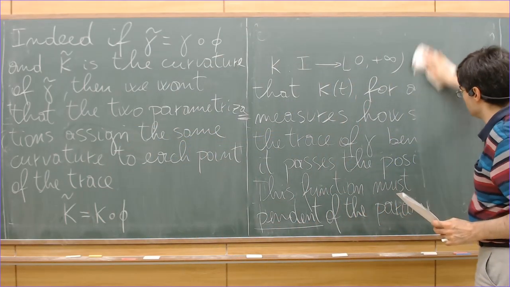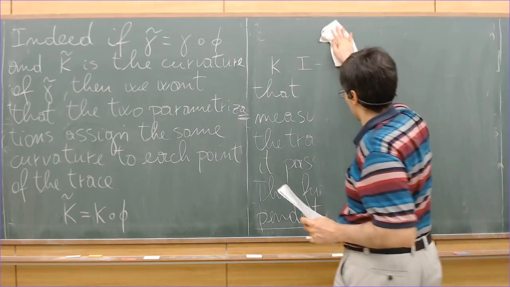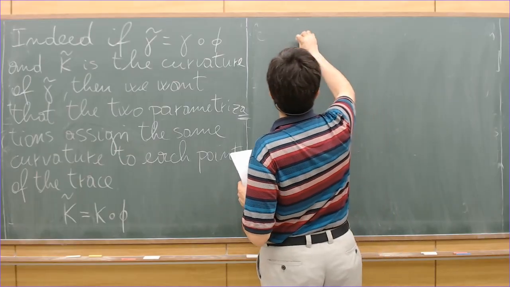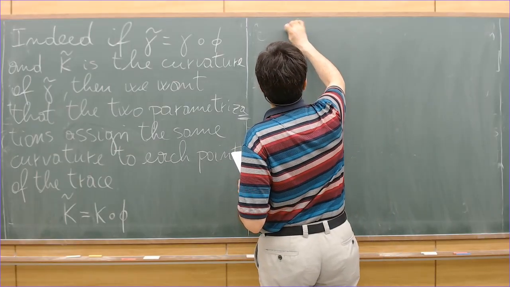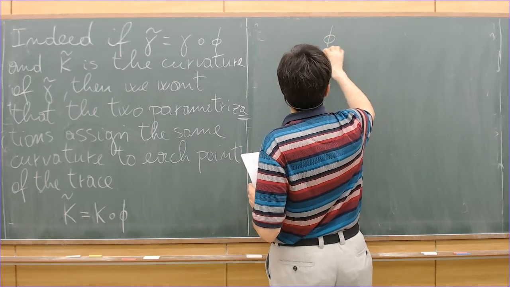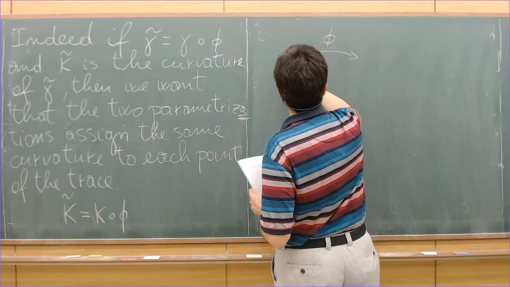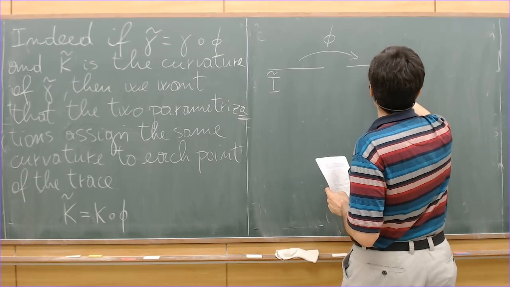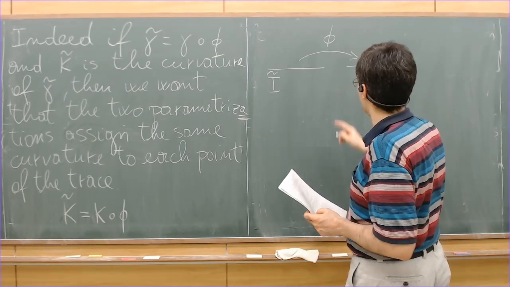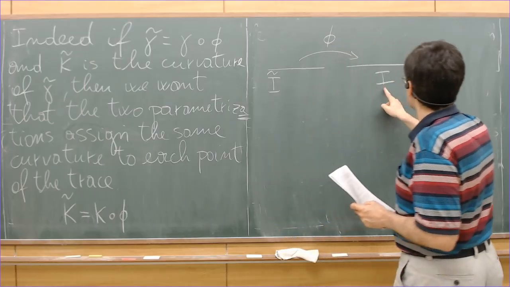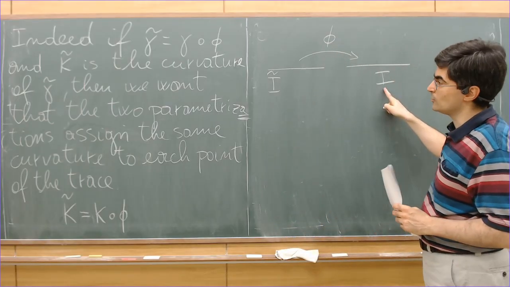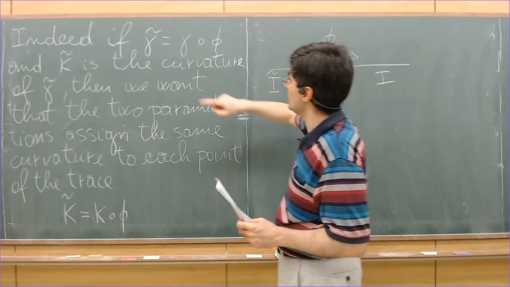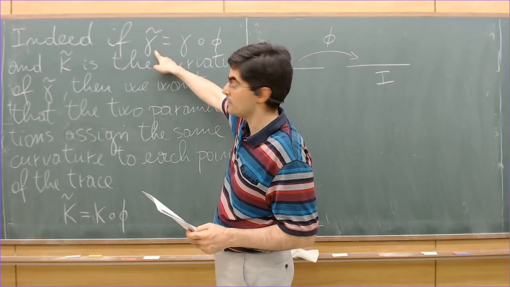Why? Suppose that phi is the map sending I tilde into I. So I want to recall that I is the domain of definition of gamma, and I tilde is the domain of definition of gamma tilde.